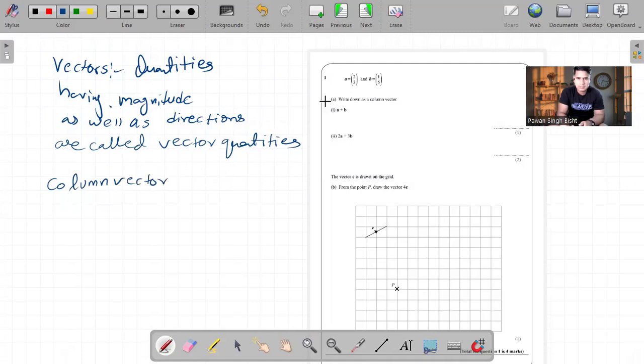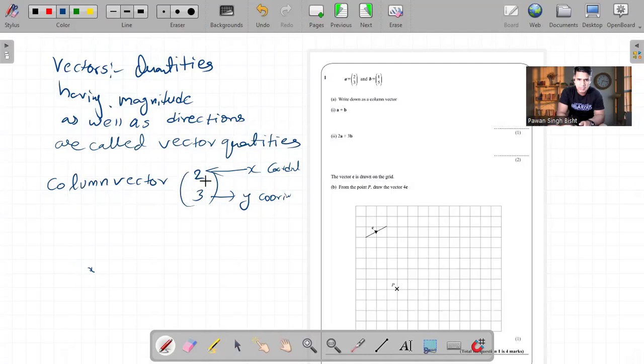For column vectors, there is an example here, (2, 3). The top number represents the x coordinate and the bottom number represents the y coordinate. From my starting point, we go 2 right and 3 up, because these are plus.